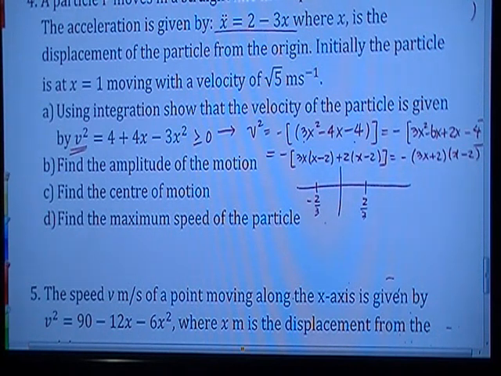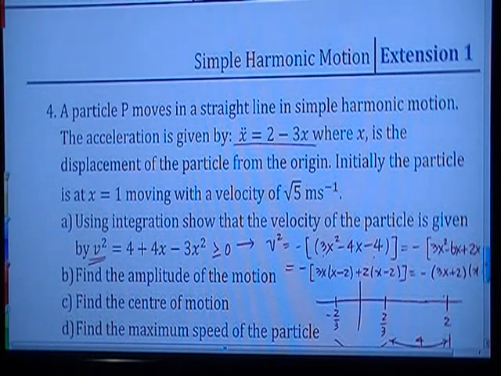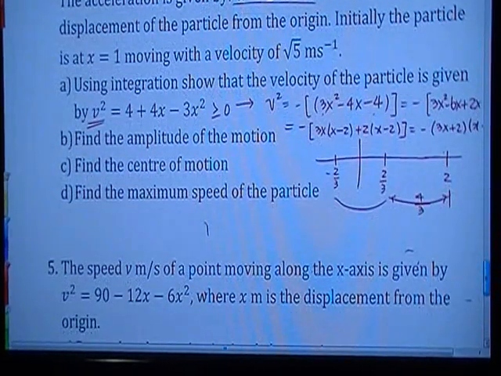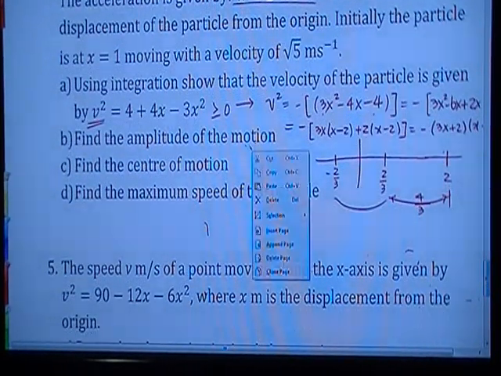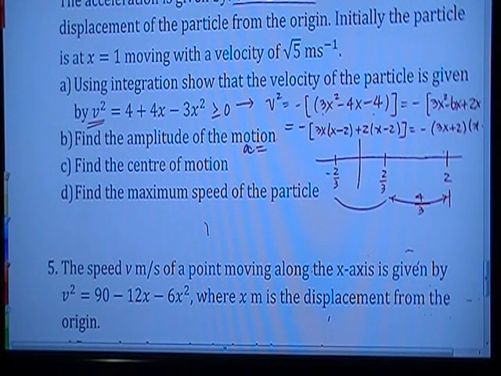This distance is your amplitude, and if you draw it out nicely, you'll see that that distance is exactly the same as that distance, which is 4 on 3. So that's how we can find amplitude equals 4 on 3.